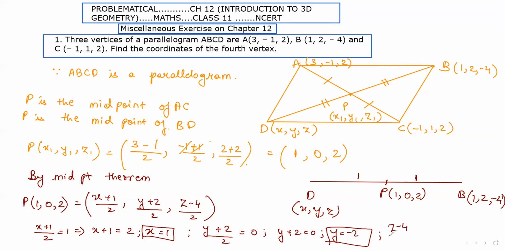Z minus 4 upon 2 is equal to 2. Z minus 4 is equal to 4, which means Z is equal to 8. So with this, we got the coordinates of D as 1, -2, and 8.